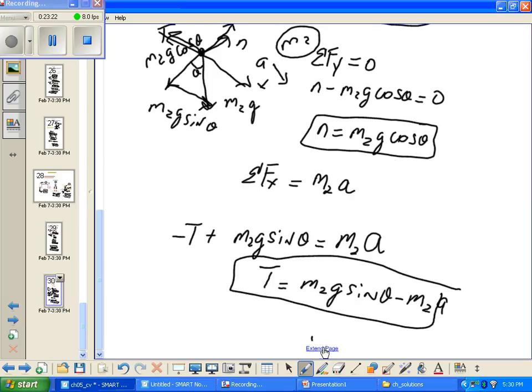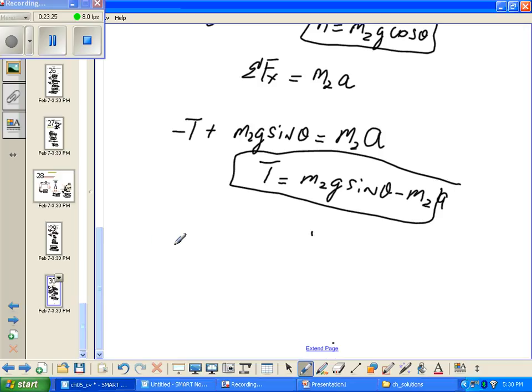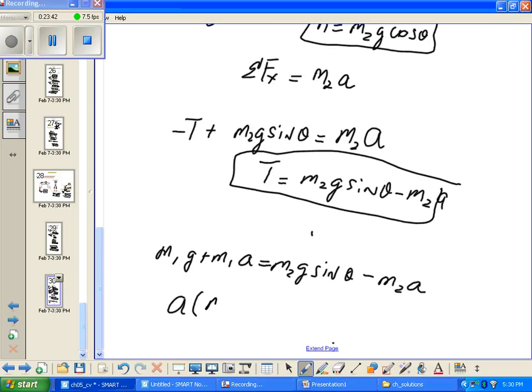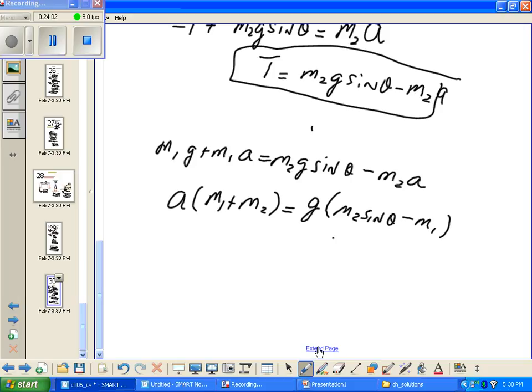Once again, we set the T's equal to each other, and this gives us M1G plus M1A equals M2G sine theta minus M2A, collecting the A's on one side, A times M1 plus M2 equals G times M2 sine theta minus M1, and this gives us a value of A equals 3.58 meters per second squared.